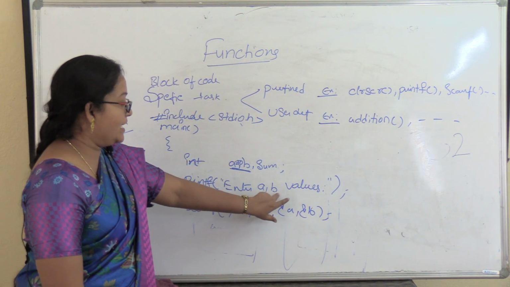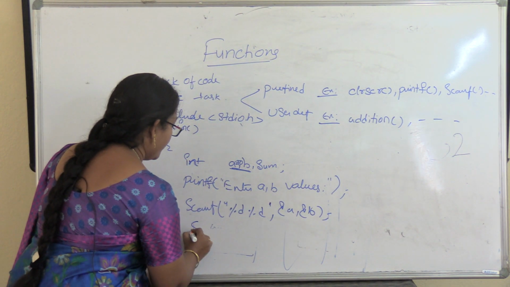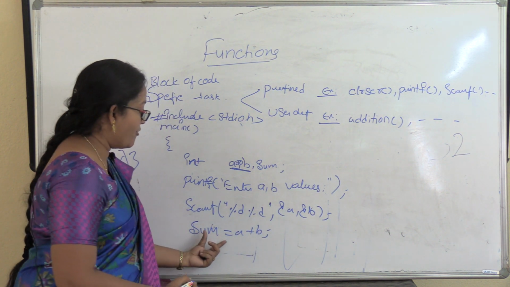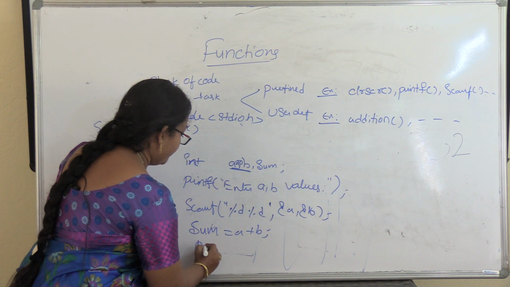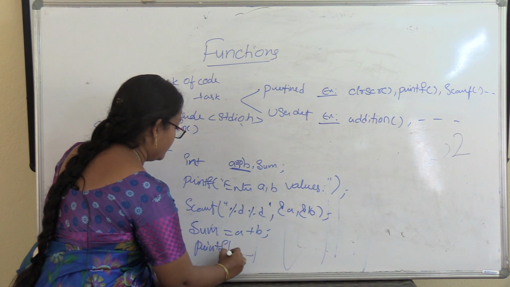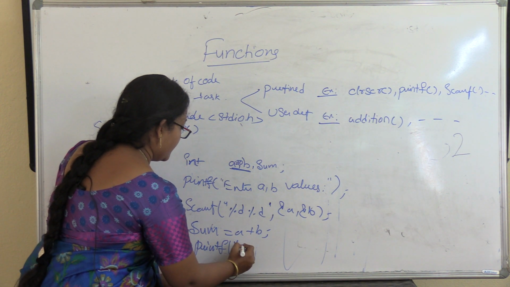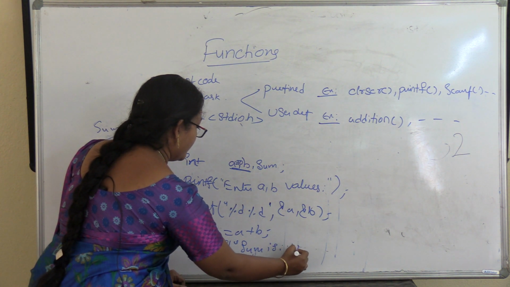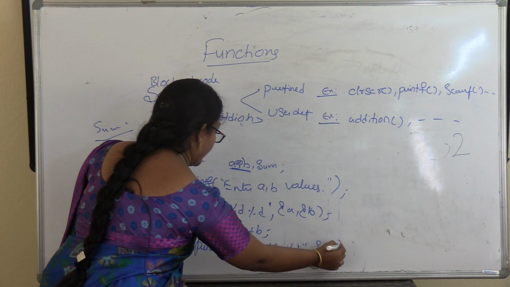Next, we are taking the a and b values, so we have to sum those values, a plus b, and print the sum. printf, sum is, sum.